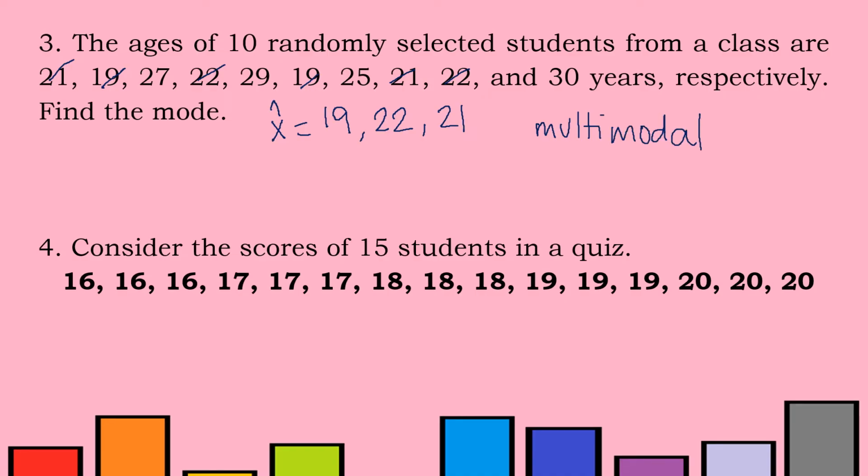Okay. Our last example is an example of no mode. Consider the scores of 15 students in a quiz. As you can see, there are 3 values per set of the data.